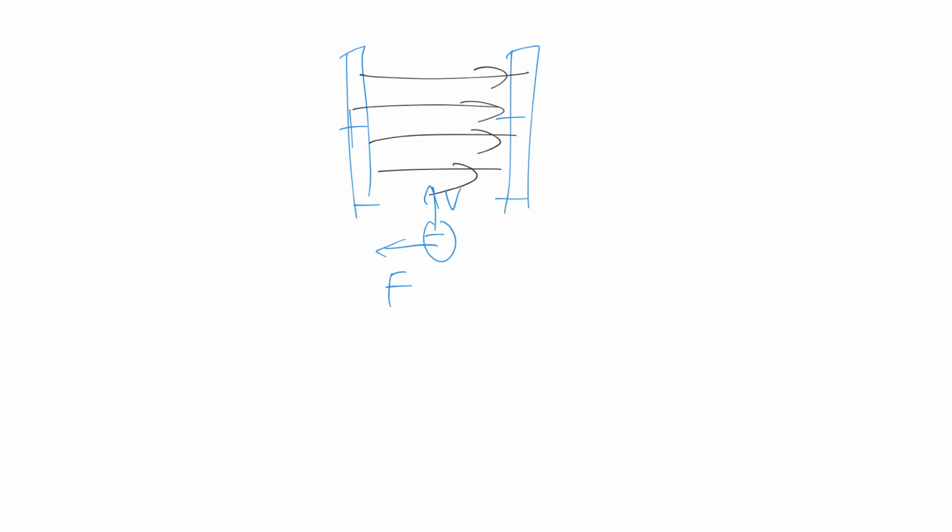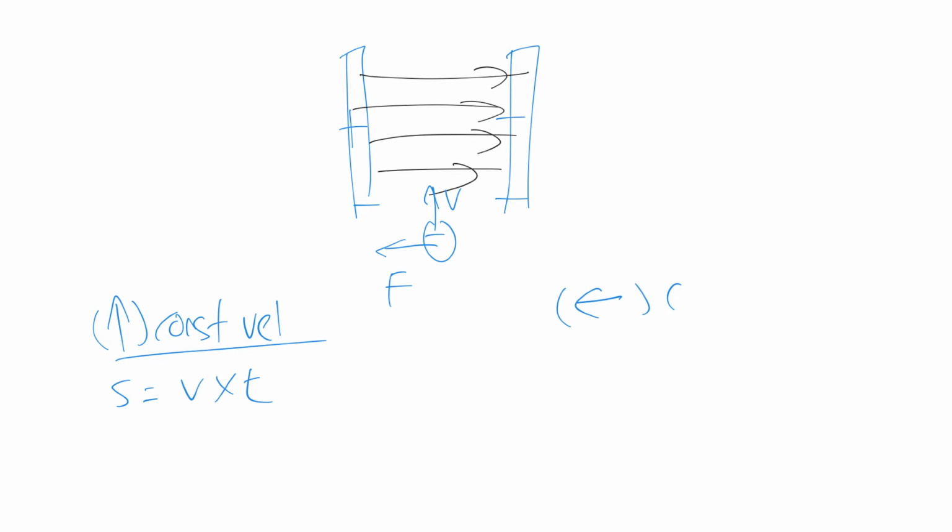Correct or not? So therefore, the force will be horizontal. So in your case, vertically will be constant velocity. That means you need to use distance equals speed times time. But horizontally is where you have constant acceleration.